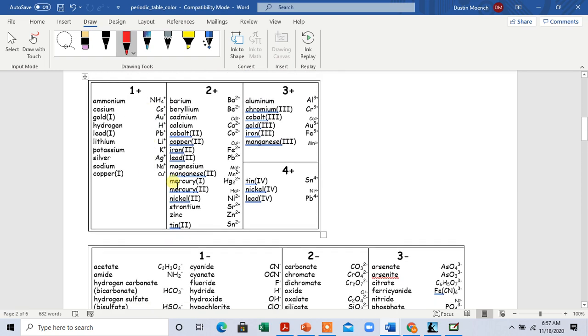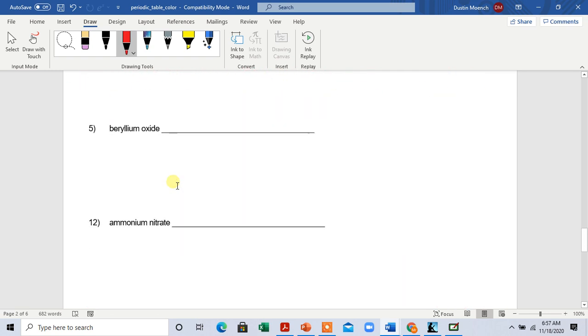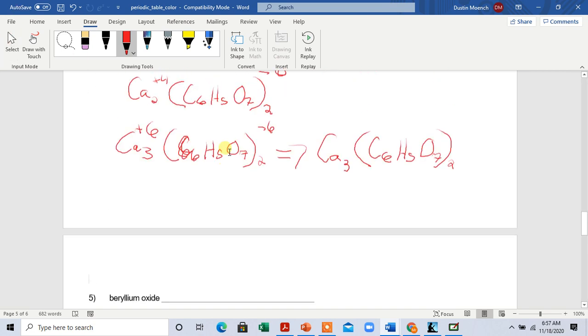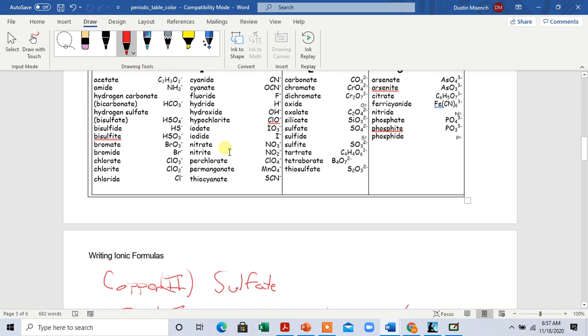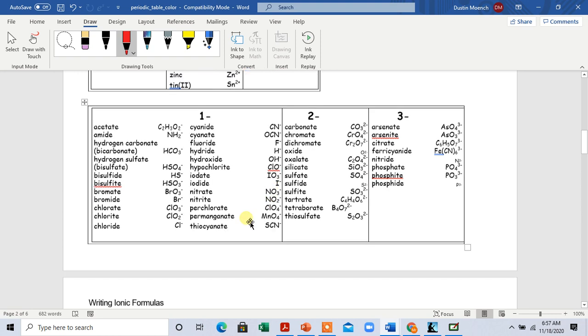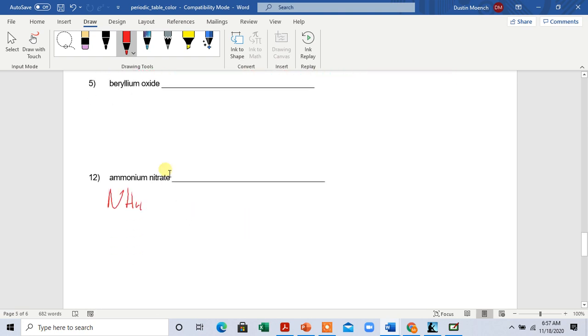Ammonium is NH4, and then nitrate, NO3. Or, hey, let's change this because, like I said, I don't want these to keep balancing out.